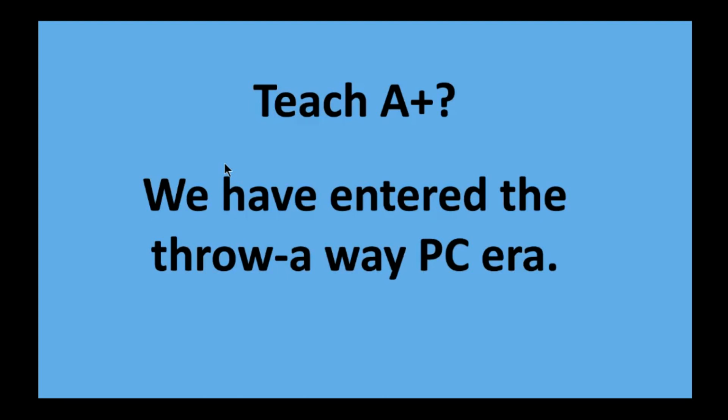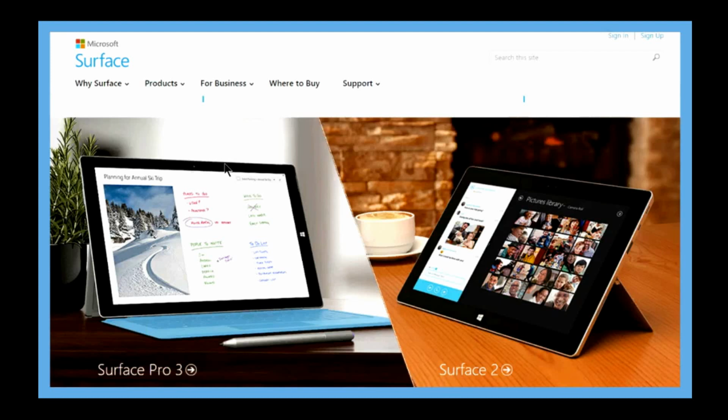So what I'm also realizing, and this is Microsoft's view, is we've entered into the throwaway PC era, right? Anybody got to upgrade the RAM on this? You can't upgrade the hard drive, right? You can't do it. You can't upgrade the processor. Same thing on this. So if you take a look at the Surface, they have the Surface 3, the Surface 2. The Surface 3, if you want to buy one of these, those things are fantastic.